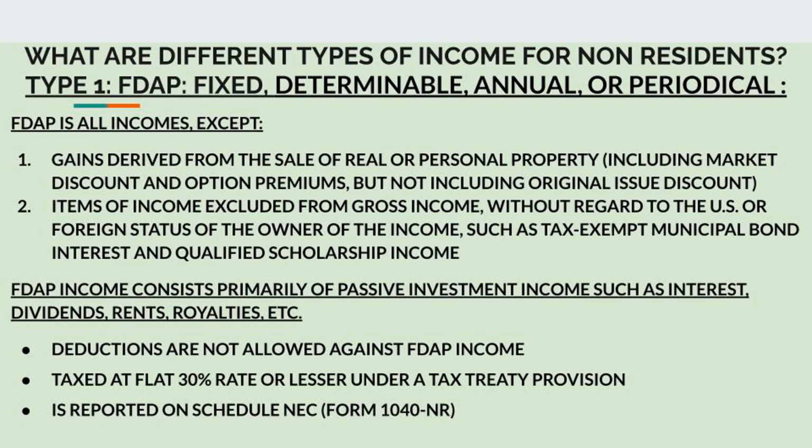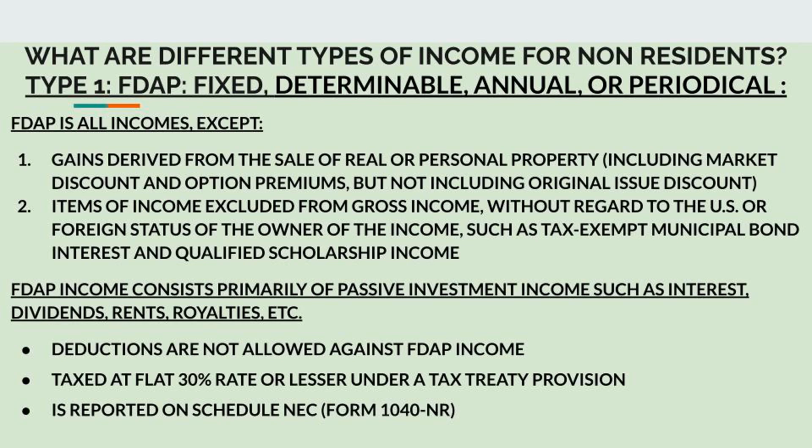So this is the legal definition of it, but essentially FDAP income consists primarily of passive investment income, such as interest, dividends, rents, and royalties. For those who might not know, passive income is essentially income that is not earned, meaning you were not actively working towards it, such as when you're employed on a job or run a self-employment business and you're actively, materially contributing to earning that money.